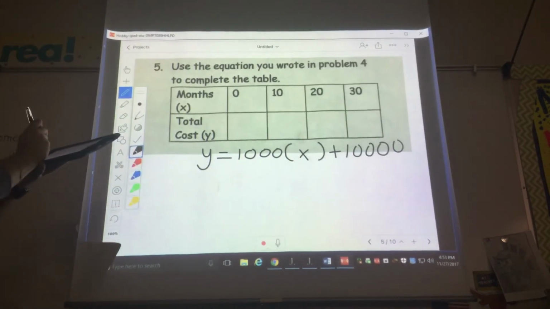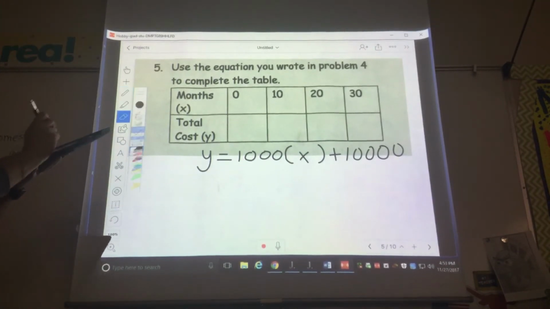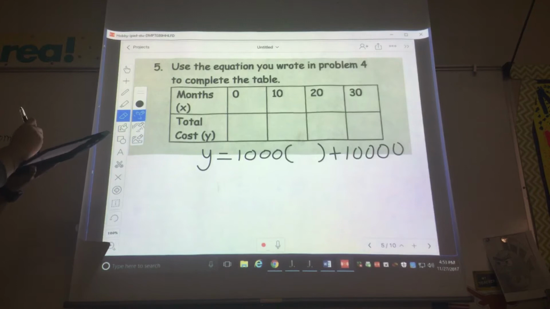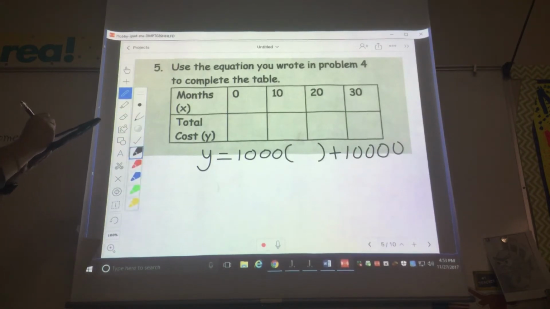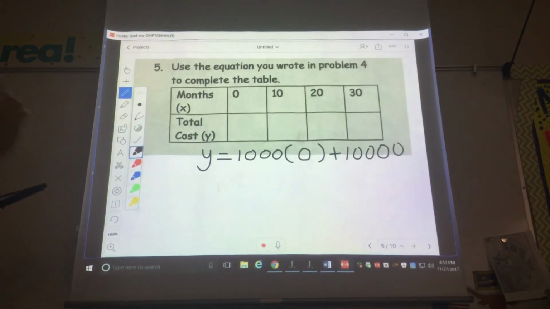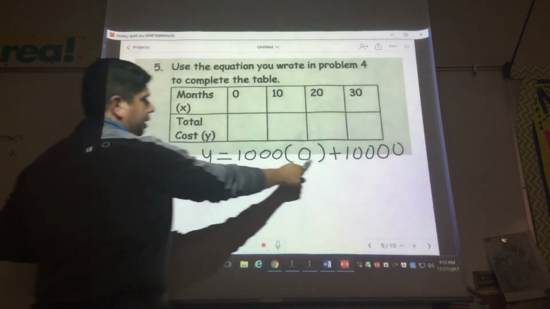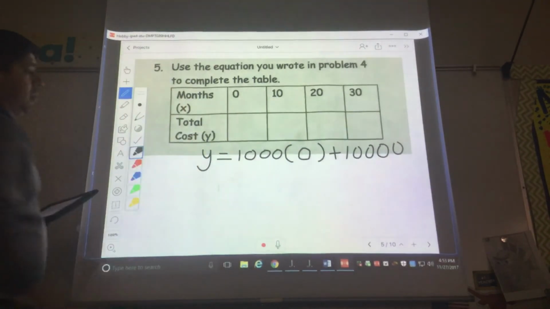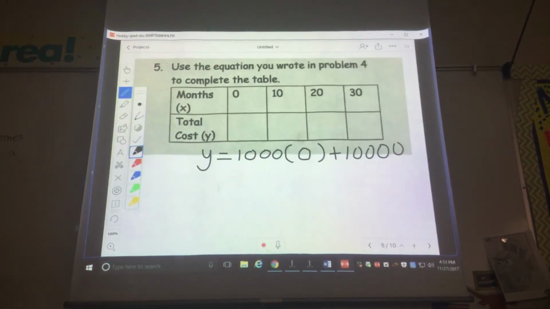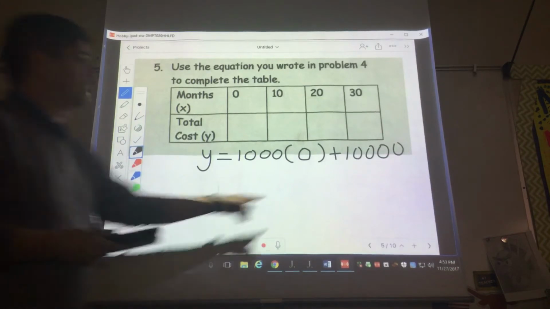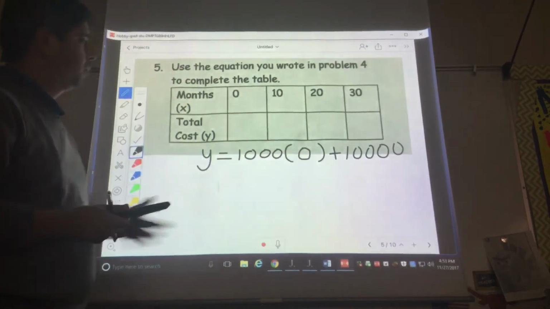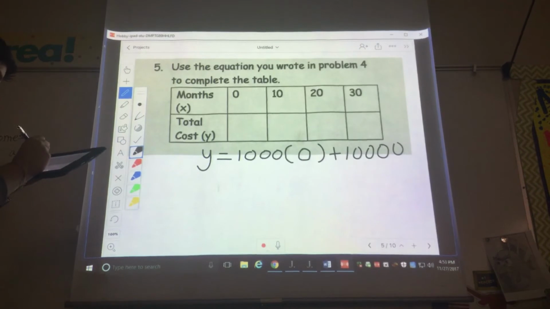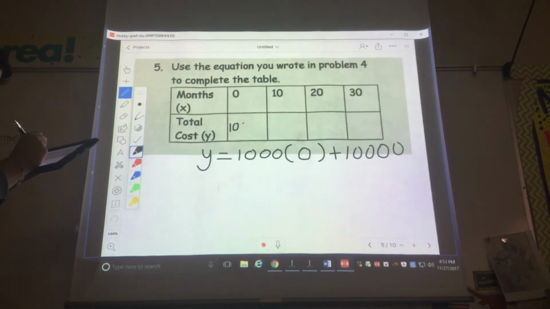I'm going to erase this x and put in 0. So 1,000 times 0 plus 10,000 is what's going to give me the total cost. When I put that in my calculator, I get my total cost, which is 10,000, because this times 0 is 0. So 10,000 is what goes here.